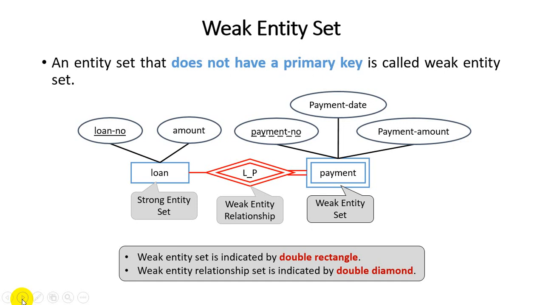I hope you are clear what a weak entity is and how it is represented in an ER diagram. It is really important whenever we need to display a weak entity or weak entity relationship set, so go through these videos.